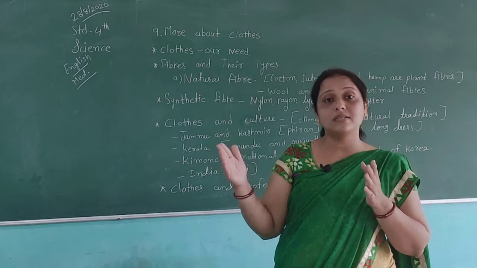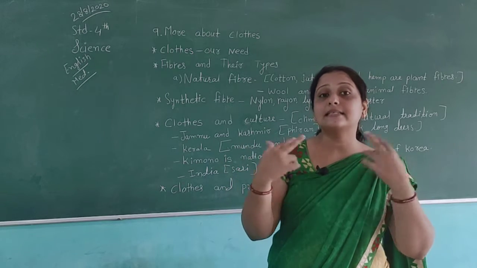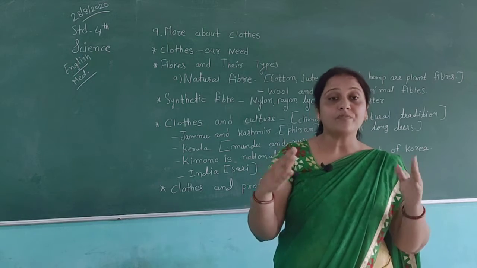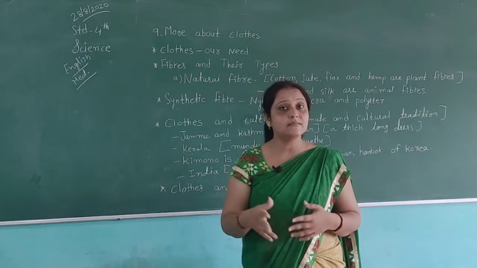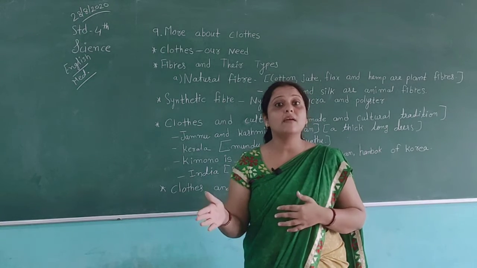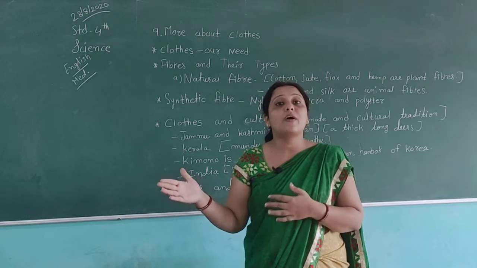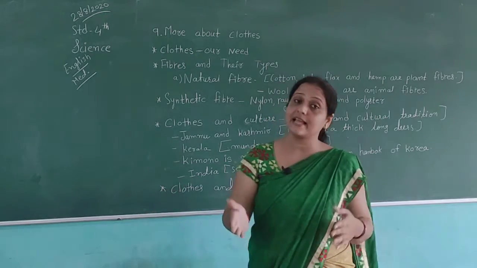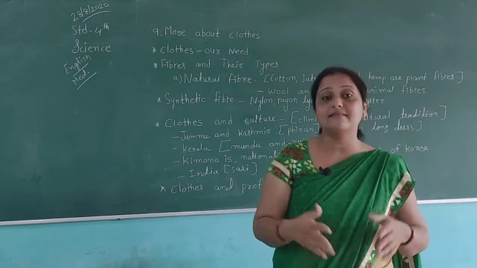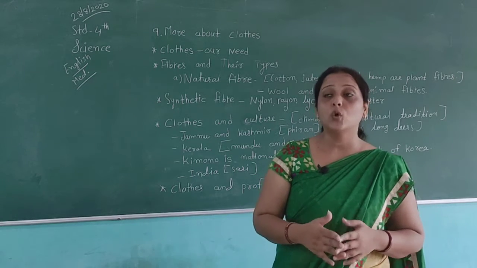First they stitched the leaves and shaped them according to their body and feet, and covered their body using different types of leaves of trees. Then they got the idea of how to make fiber using natural things, and then they started to make clothes and protect and cover themselves.